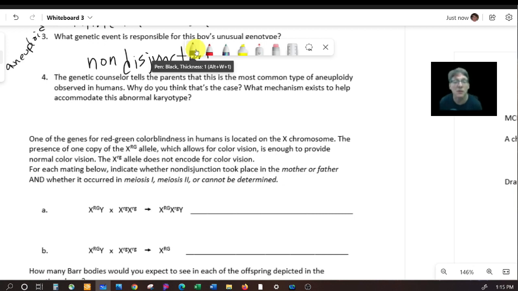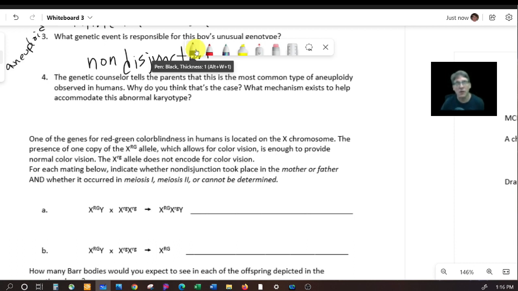The way that they accomplish this is through X inactivation. X inactivation is something that happens in all cells within females, in which one of the X chromosomes is randomly inactivated, so it's referred to as random X inactivation. This reduces the amount of expression for most of the genes.